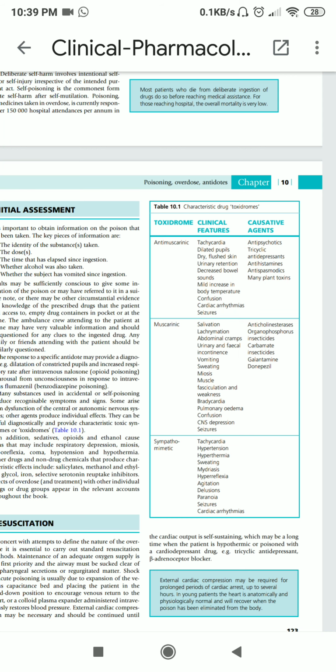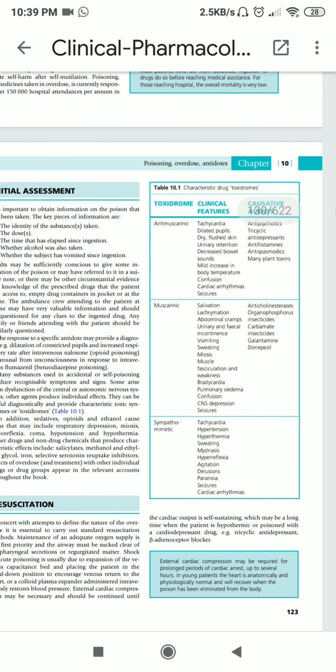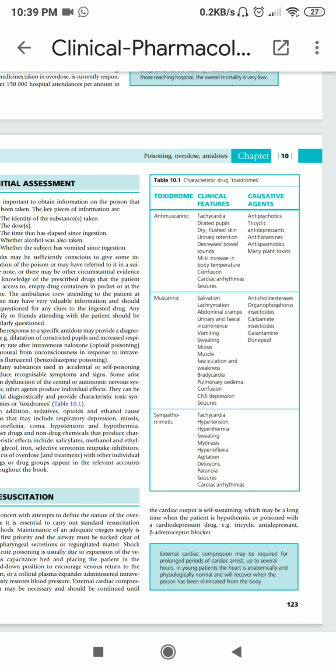Then some other set of compounds show other symptoms, such as salivation, lacrimation, abdominal cramp, urinary and fecal incontinence, vomiting, sweating, muscle weakness. Bradycardia means low heart rate. Pulmonary edema, that is fluid in the alveolar area in the lungs of the person.